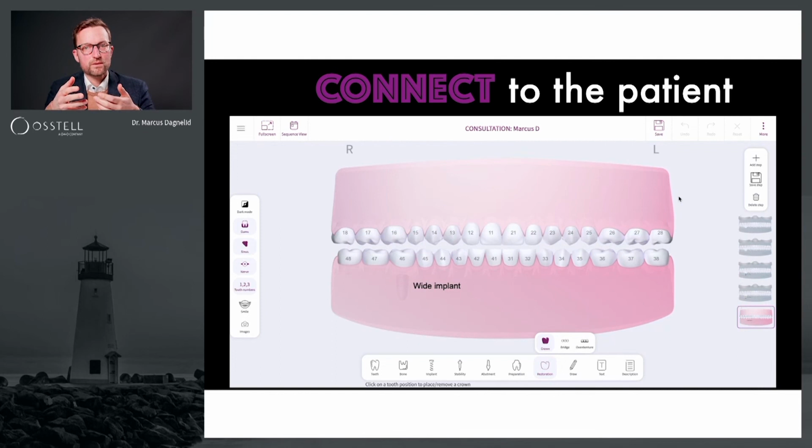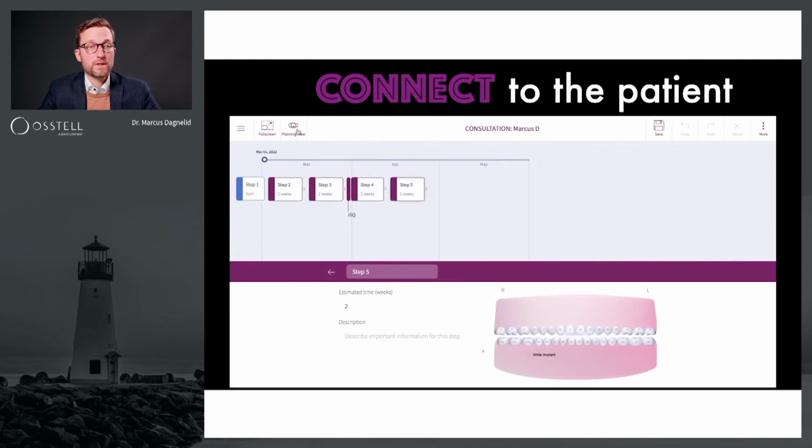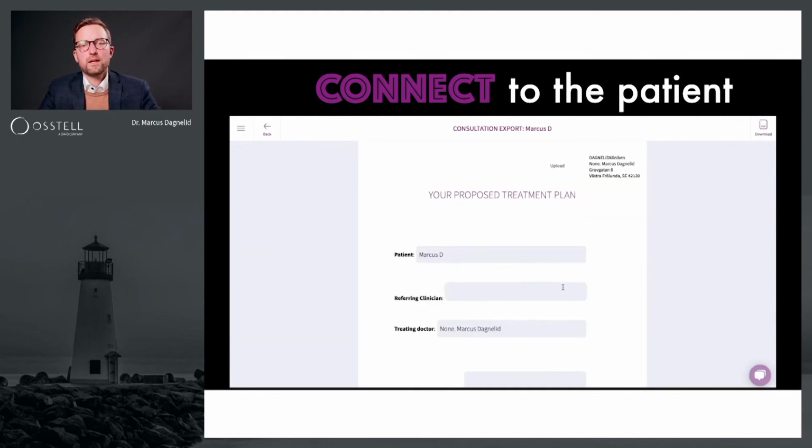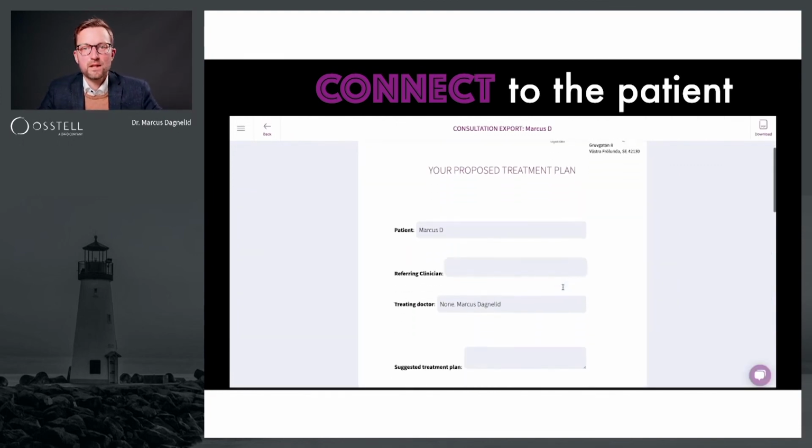So if you're at this stage communicating together with the referring doctor, you can build up different scenarios and different cost estimates, for example. And you can choose what type of steps we need for the patient, how many weeks of healing we need to have between the different aspects. So it becomes much, much easier for the patient to interpret what we are supposed to do with their teeth and tooth.